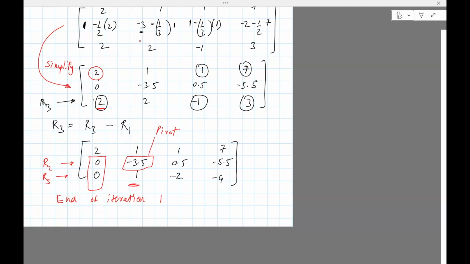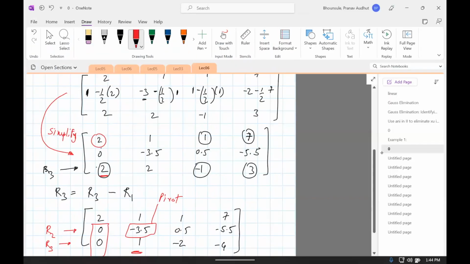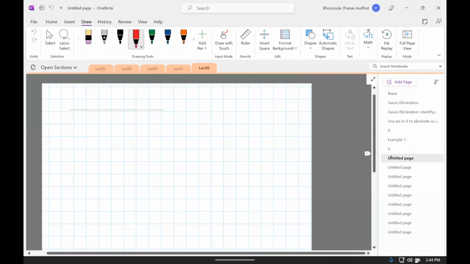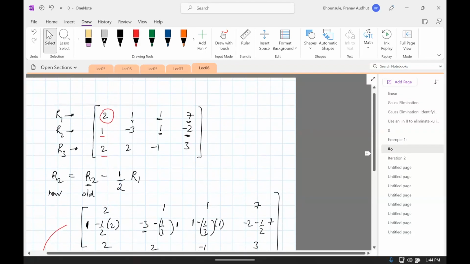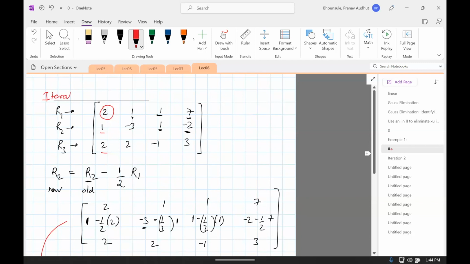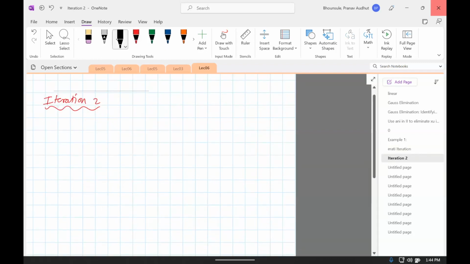So next step, I'm just going to rewrite that expression on the next page. This is iteration 2. If you want, I can write here iteration 1, iteration 2.